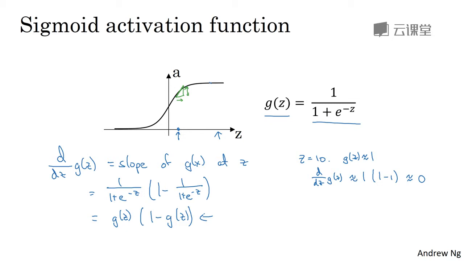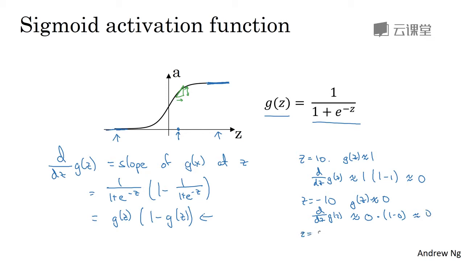And this is indeed correct, because when z is very large, the slope is close to 0. Conversely, if z is equal to minus 10, way out there, then g of z is close to 0. So the formula tells us d dz g of z will be close to g of z, which is 0, times 1 minus 0. And so this is also very close to 0, which is correct.